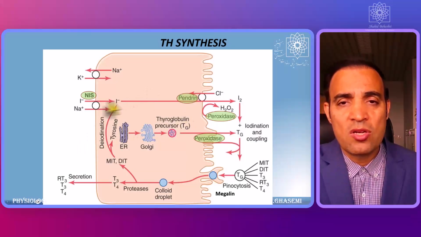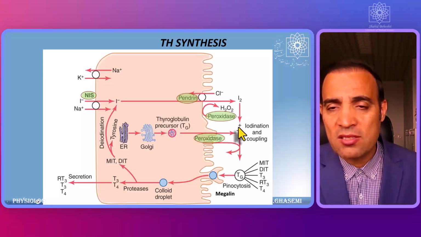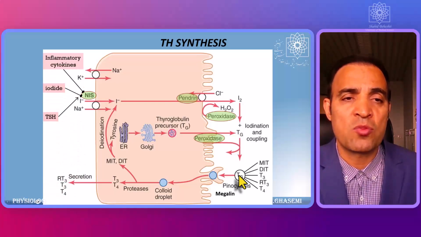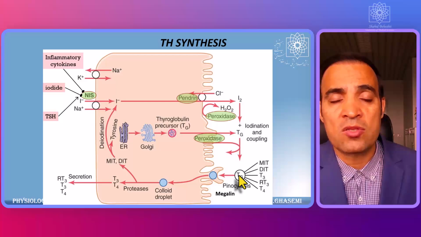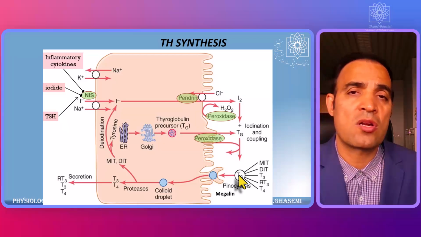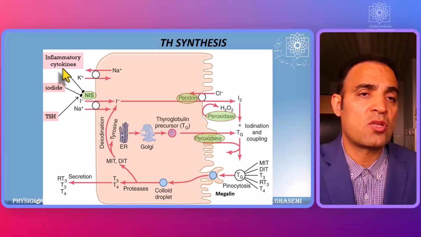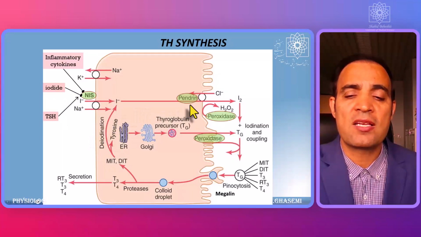This figure shows the peroxidase function that adds the iodide to the tyrosine and produces monoiodotyrosine or diiodotyrosine. And as I told you, inflammatory cytokines, iodide, and TSH affect NIS.